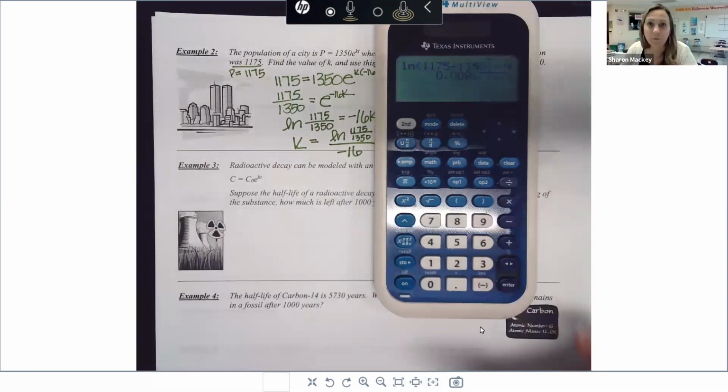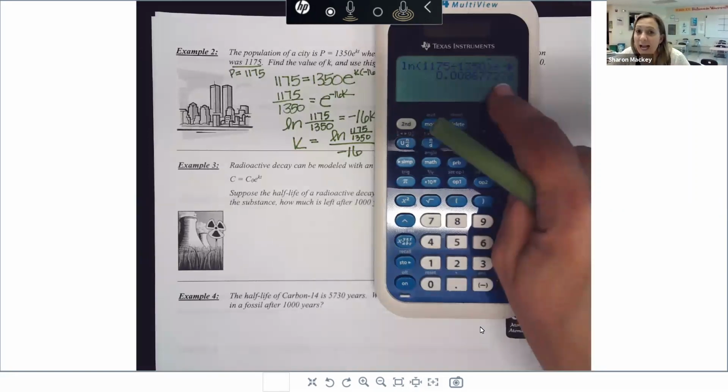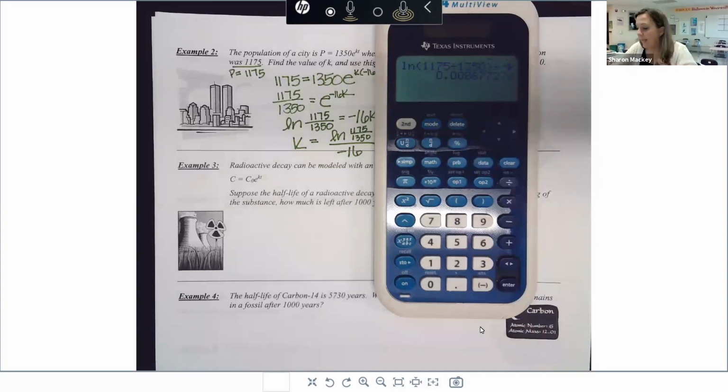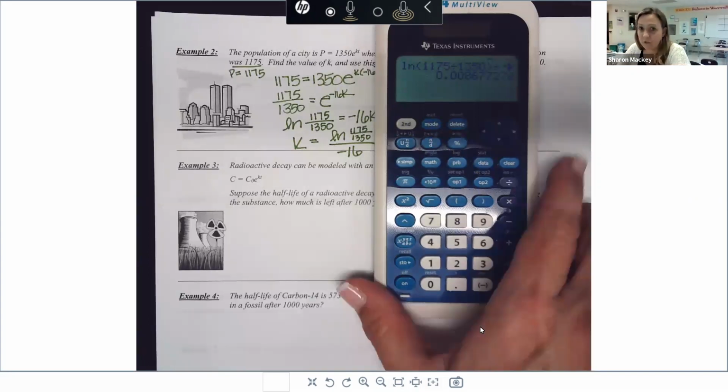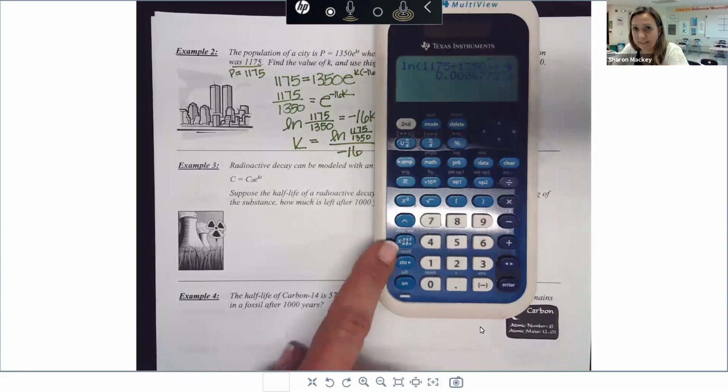And I get this super small answer. Here's what I want you to do. I don't want you to write, I mean, you can write that decimal down. I want you to use that exact answer. How do you do that? This thing called the store key. On these type of calculators, notice that down here, there's the store, and then there's this X piece here. I would like you to store that as X.